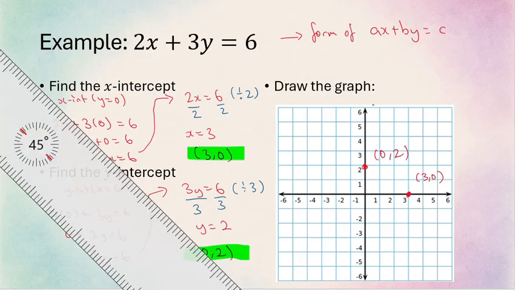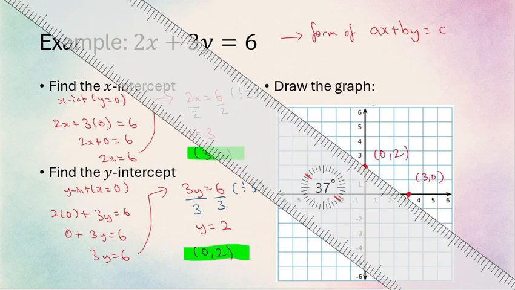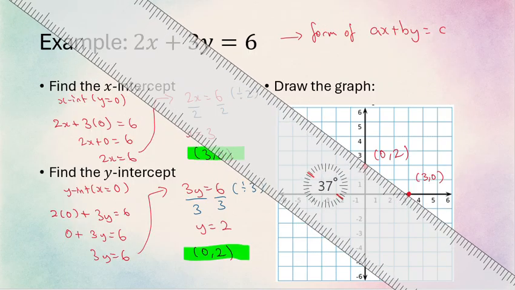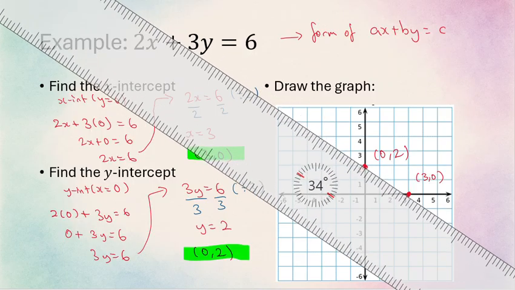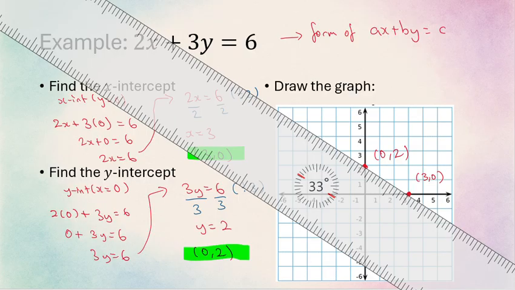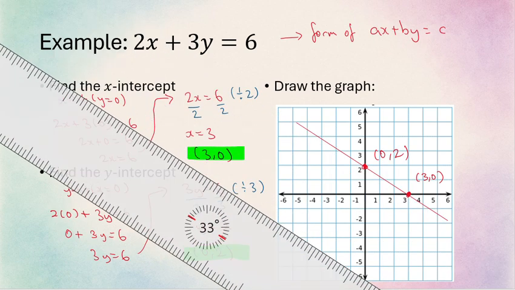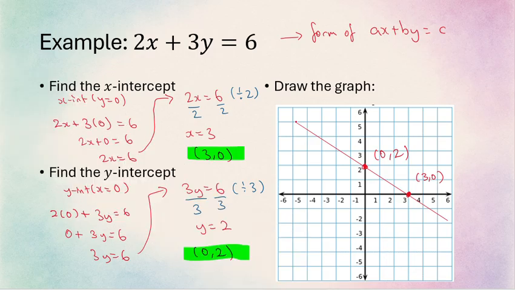Next, you're just going to grab a ruler and draw a straight line through it, just like that. Make sure you draw double arrows on the side, indicating that it keeps going because it doesn't really stop. And that's your line right there. That's how you do it.